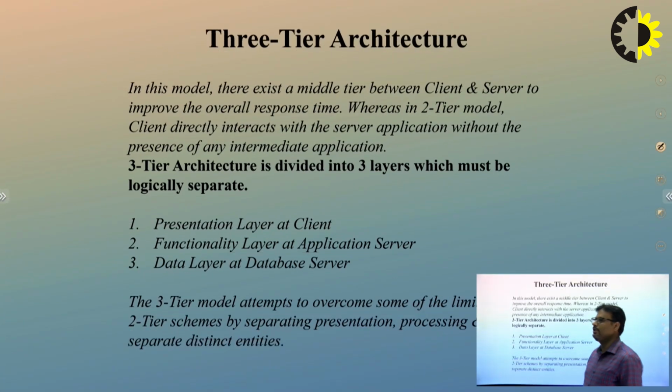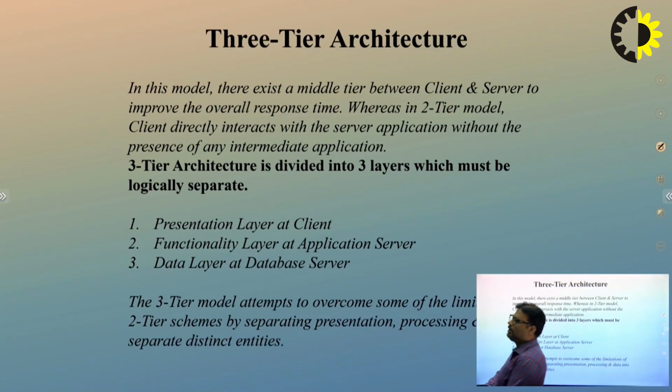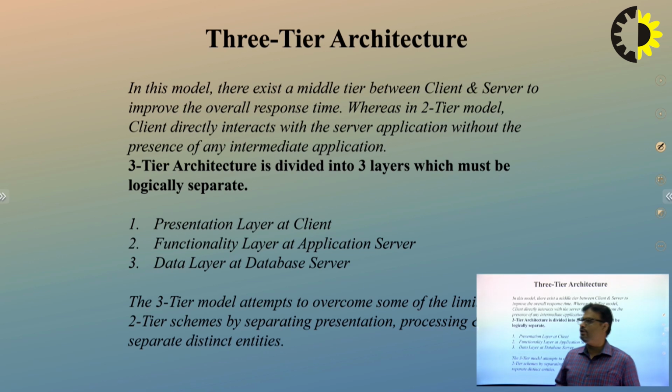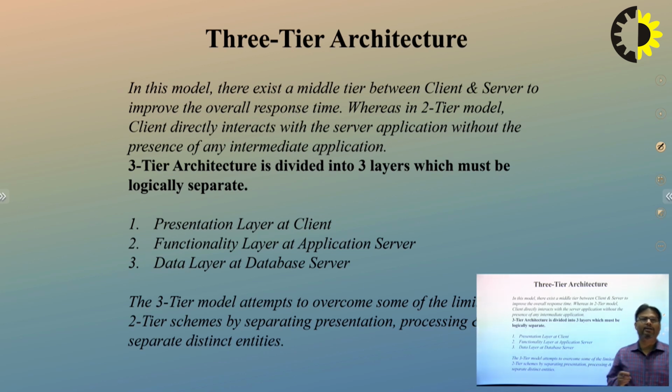Next thing is the three-tier architecture. In this model, there exists a middle tier between client and server to improve overall response time, whereas in the two-tier model, the client directly interacts with the server application without any intermediate application. Here, three-tier architecture is divided into three layers.